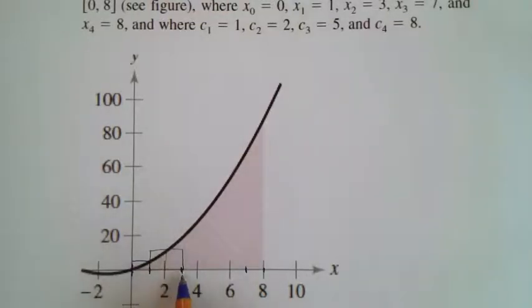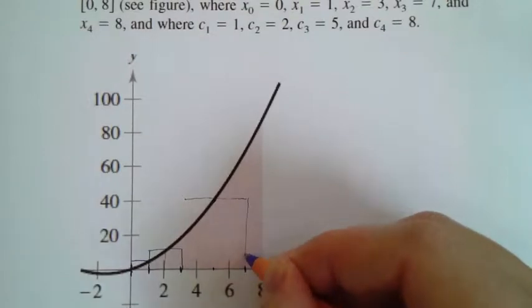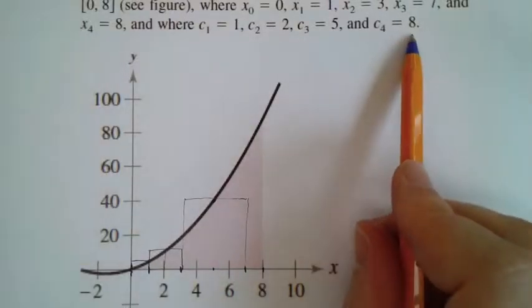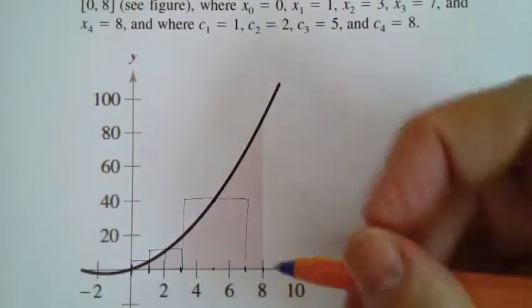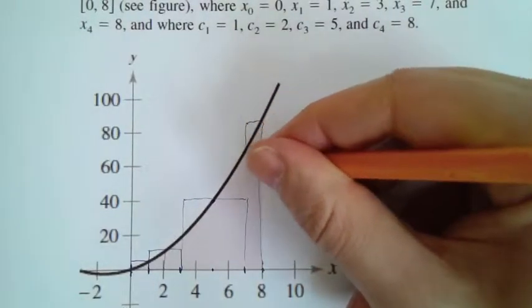In the third one, that goes from 3 to 7, we pick x equals 5. So something approximately like this. And finally, for the fourth rectangle, which goes from 7 to 8, we choose the value x equals 8 to determine the height of the rectangle. So here, there we go.